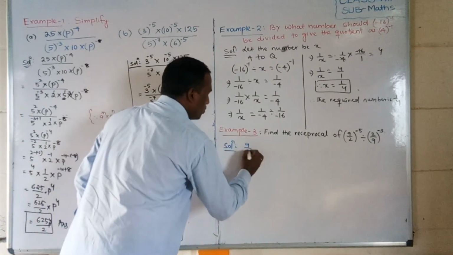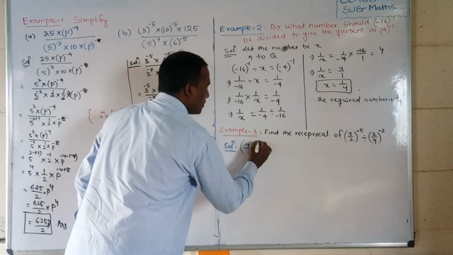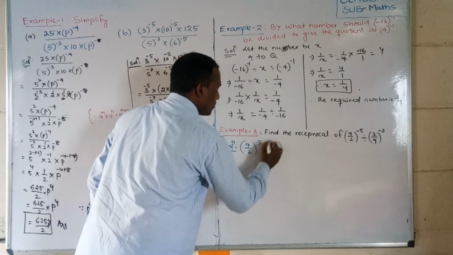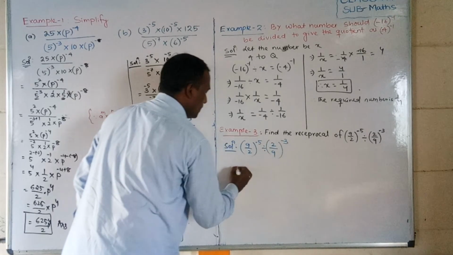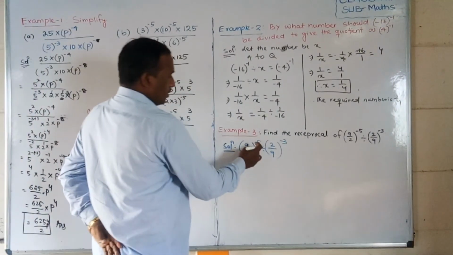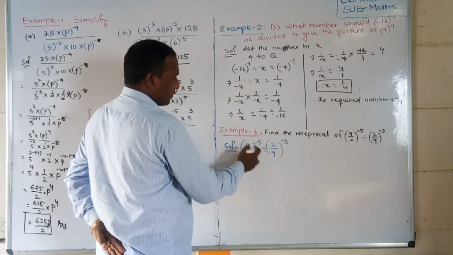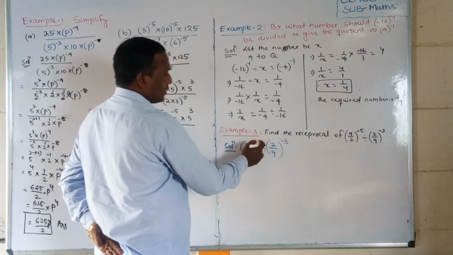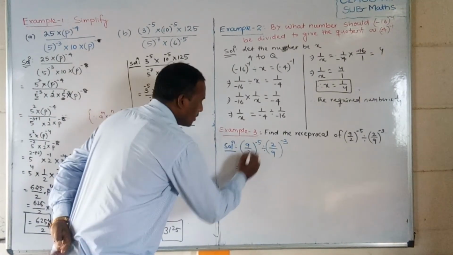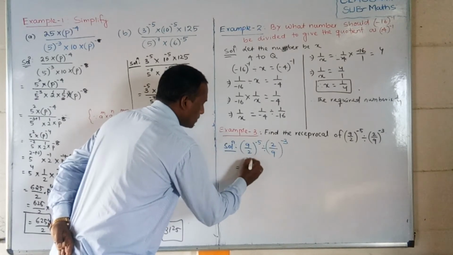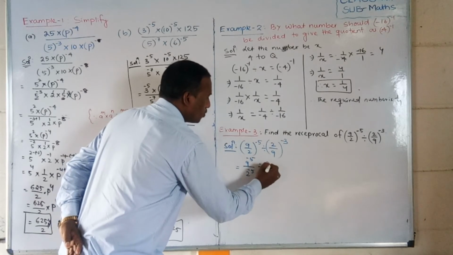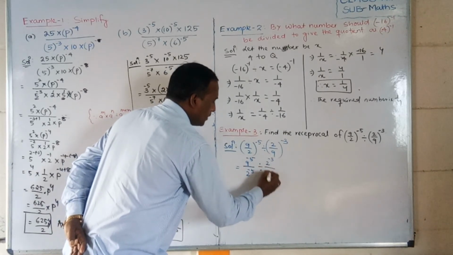Now look at the solution, students, we can write: 9 by 2 whole power minus 5 divided by 2 by 9 whole power minus 3. Before the division, students, whenever you are dividing, you should observe the powers. We can write 9 power minus 5 by 2 power minus 5 divided by 2 power minus 3 by 9 power minus 3.